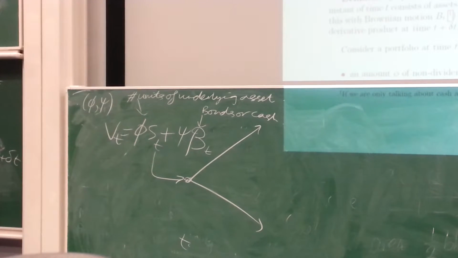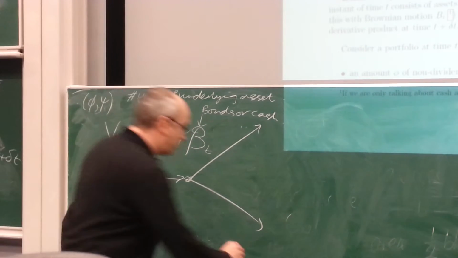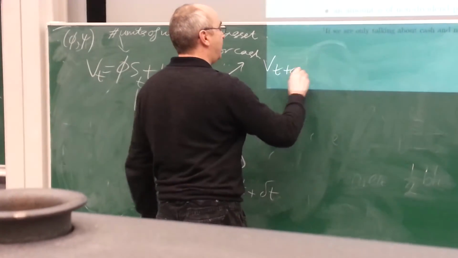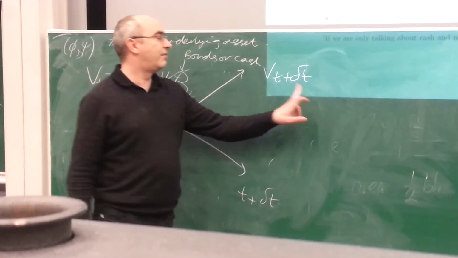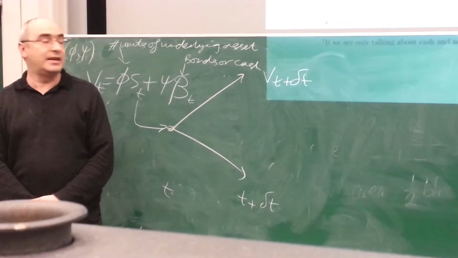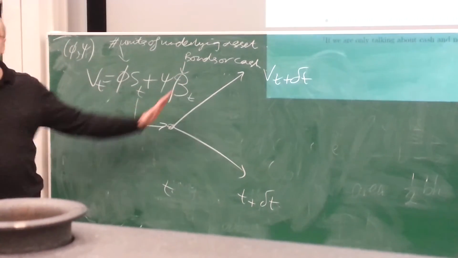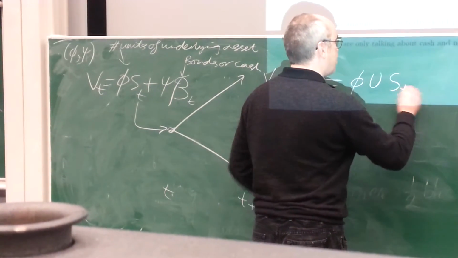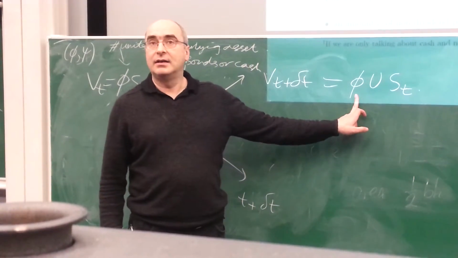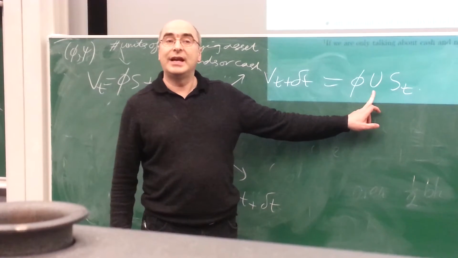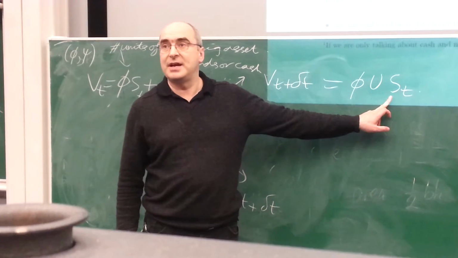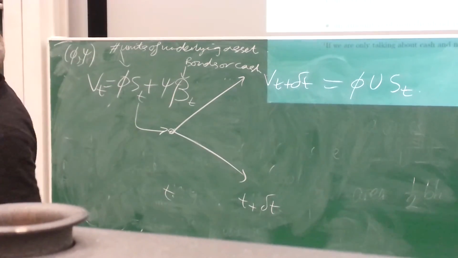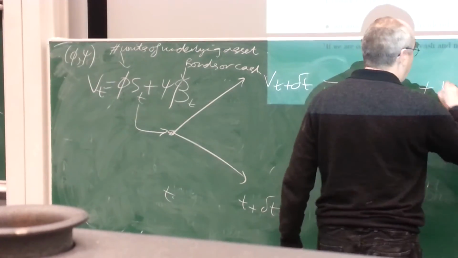My replicating portfolio, when I go to time t plus delta t, I'm going to have the value of my portfolio at time t plus delta t. If it moves to the up state, so if the share price rises, it's going to be phi not times S_t, but now times u times S_t, because my share price has risen to u times S_t. Then what's happened with my bonds?